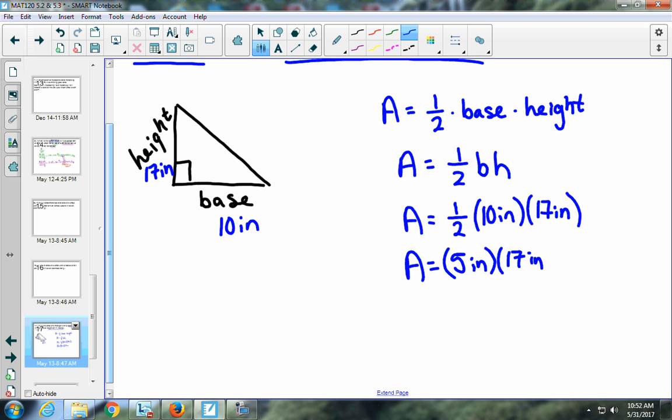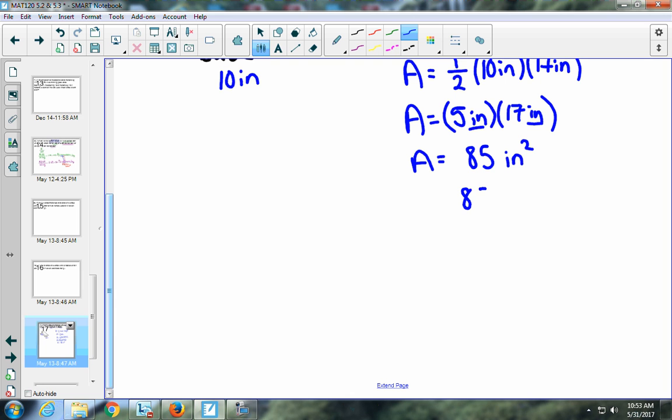And when we do 5 times 17, we get 85. And just like when we did the area of a rectangle, when we do inches times inches, we get inches squared. Or you can write it out in words as 85 square inches.